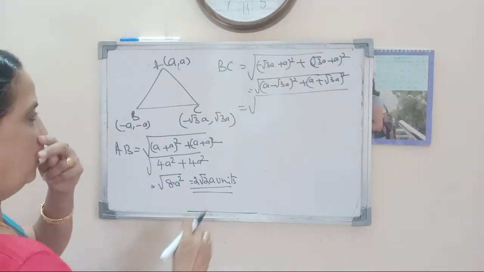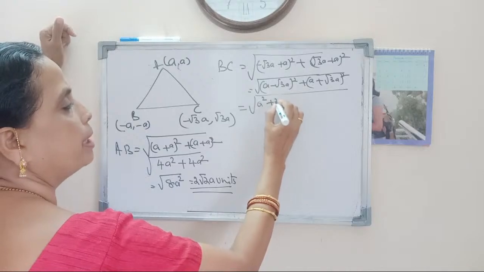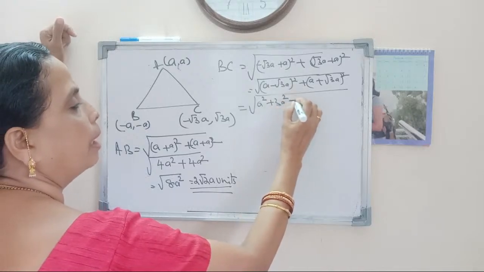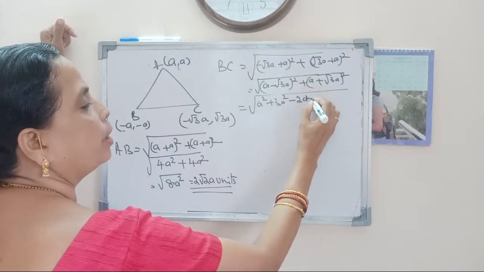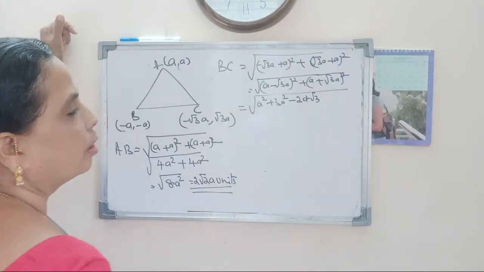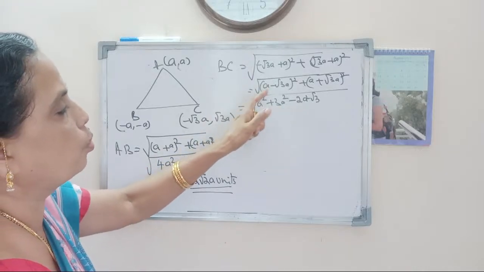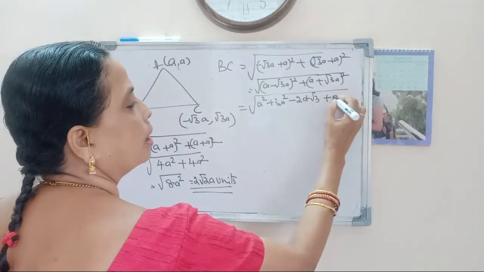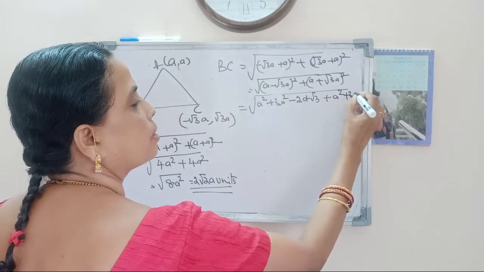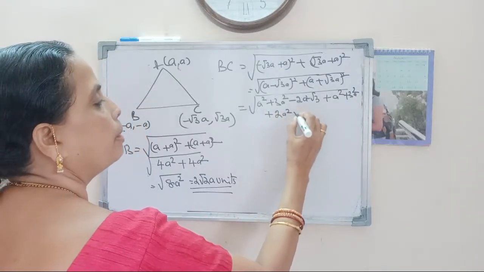What you will get? A square plus b square minus 2ab, correct? Plus a square plus b square plus 2ab.